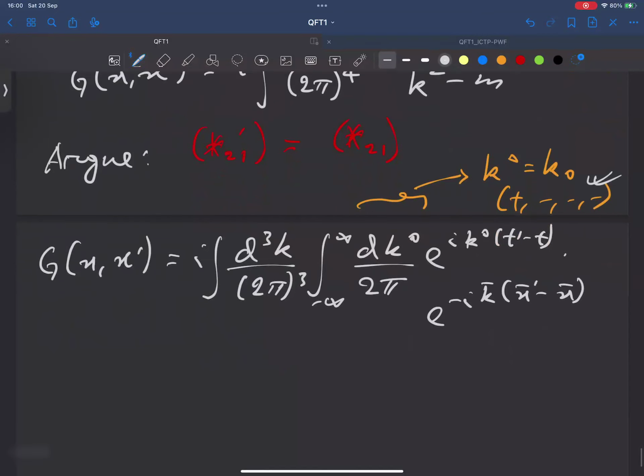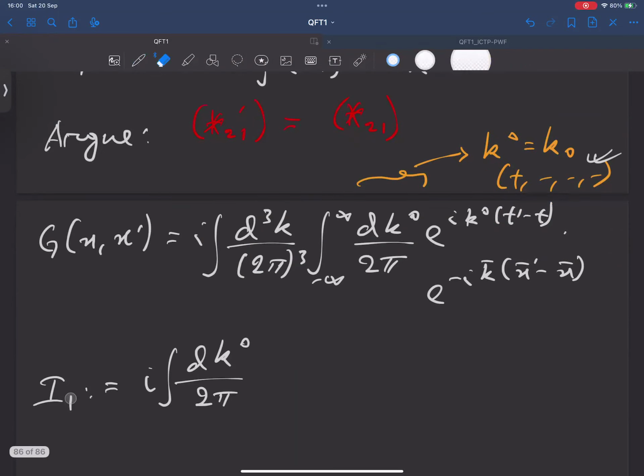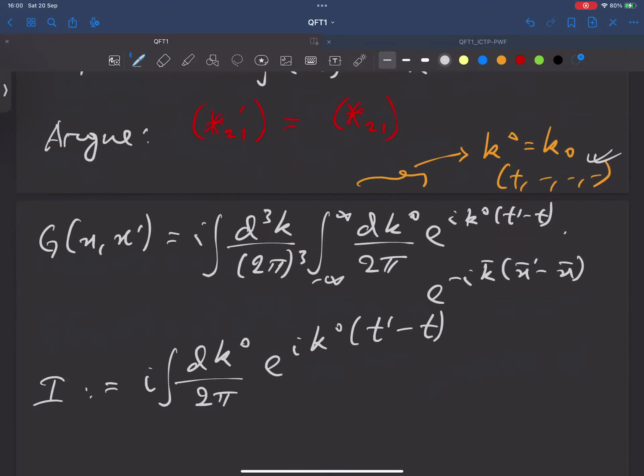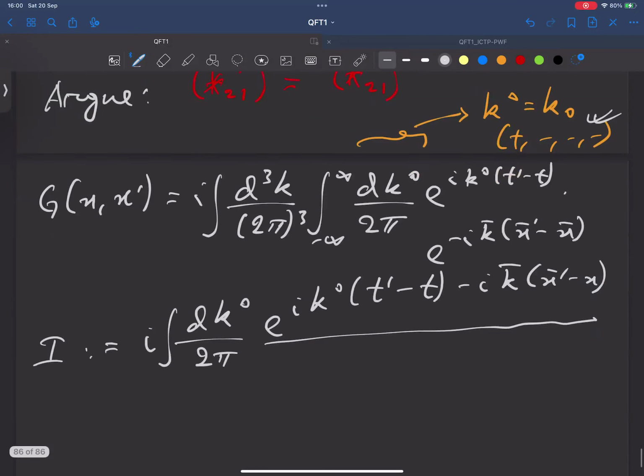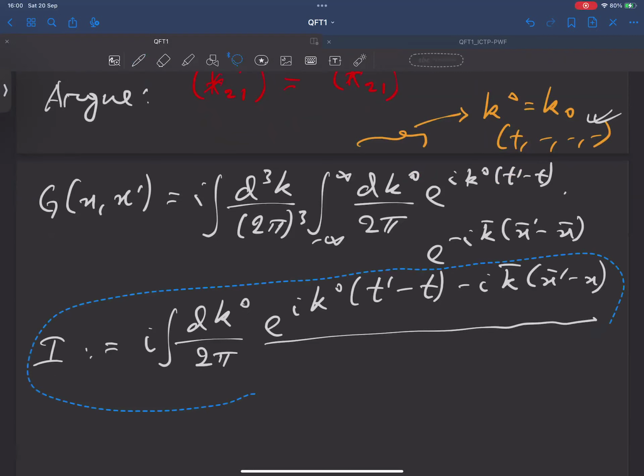Now let's see how to evaluate this integral. To evaluate this, I will define the time integral as this quantity, let me call it I. We will perform the time integral first. Oh, sorry, there was a k square minus omega square which I forgot. Let me bring this down.